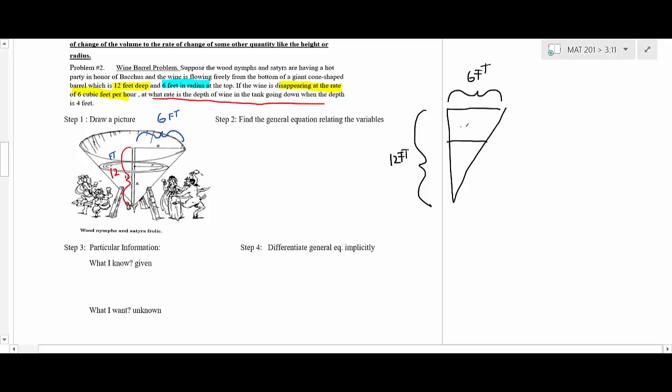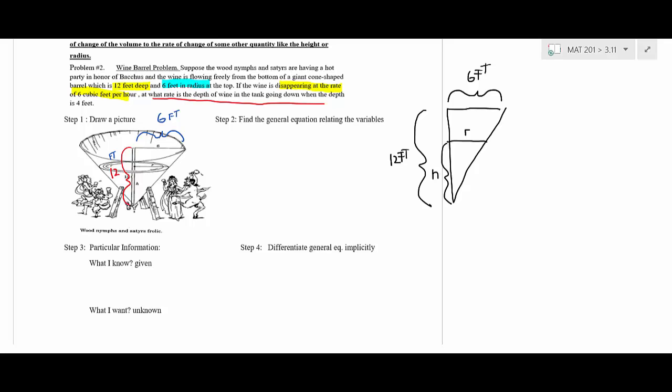Now, that radius is going to change. The radius starts at 6, but it's going to get smaller as it drains. Agreed? The other thing that's going to change is what we call h. Those are the two key variables in this problem. The radius is going to get smaller, and the height is getting smaller, and both of them are going to 0. Agreed?